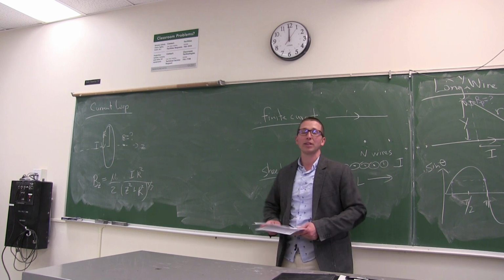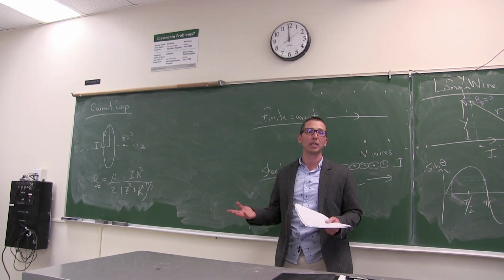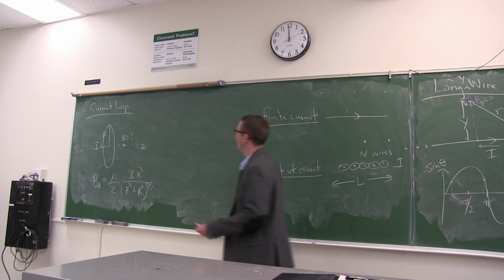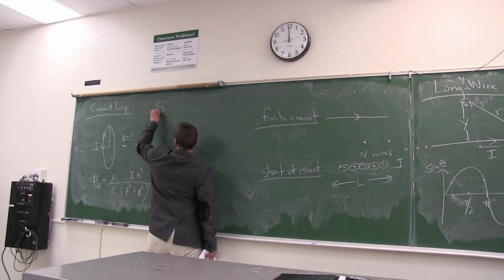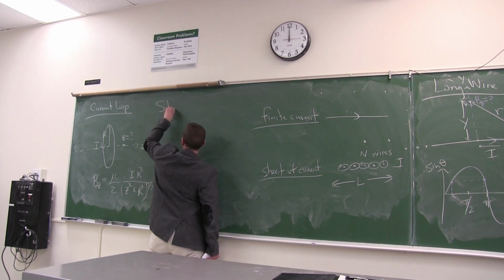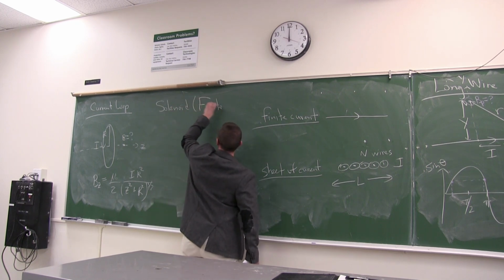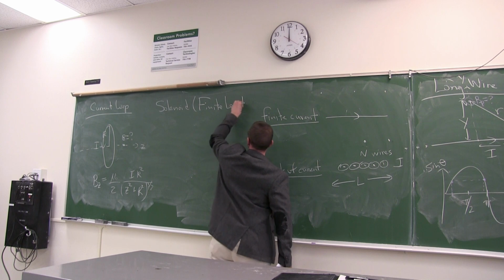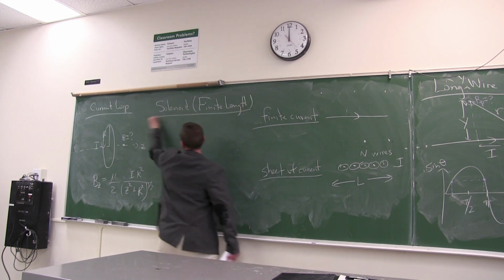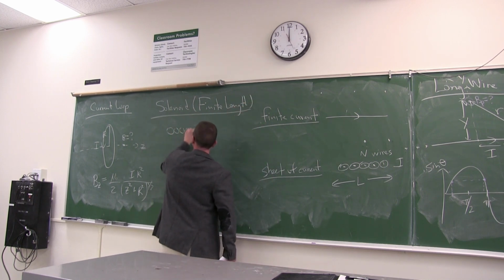Now, what can I do with loops? I can combine a bunch of loops together to get a solenoid. A solenoid of finite length really just looks like this.